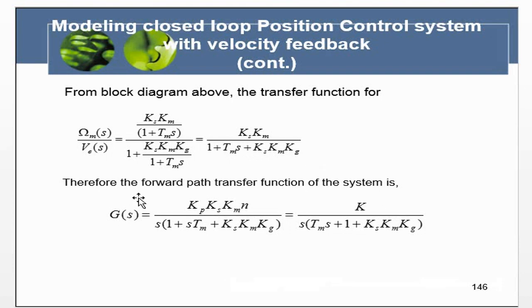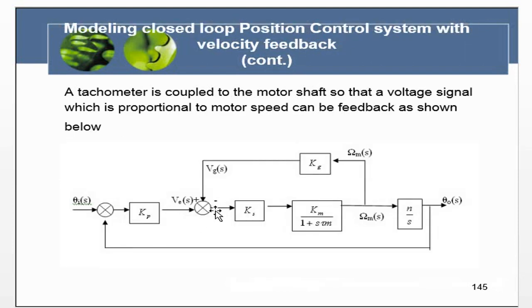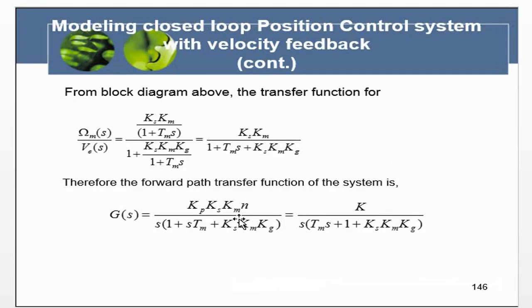Therefore, the forward path transfer function of the system, or we call G(s), this is the forward transfer function: KpKsKmN per S(1 + STm + KsKmKg).